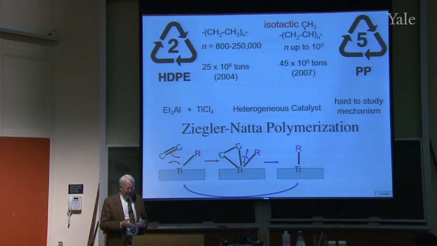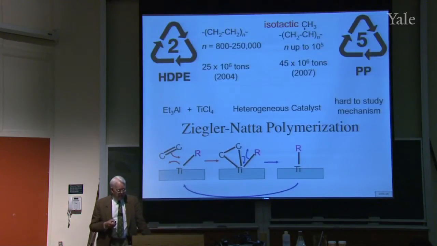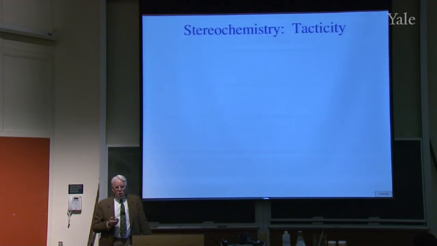Now, one thing that we'll see later is that free radicals also can polymerize alkenes. But a difference here is that what you get from Ziegler-Natta polymerization are isotactic polymers. So I should tell you what tacticity is.